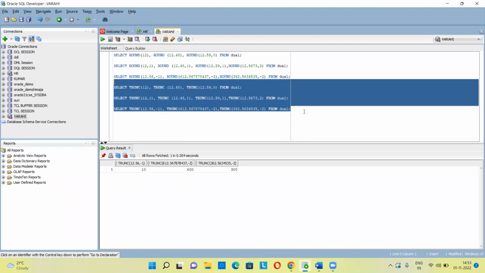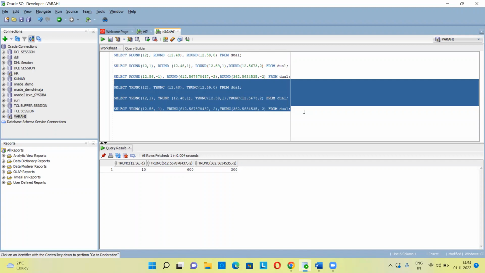So I'm just repeating. Round means it is rounding the value based on the second parameter. If the value after the second parameter position is more than or equal to 5, it will add 1 to the number before it.